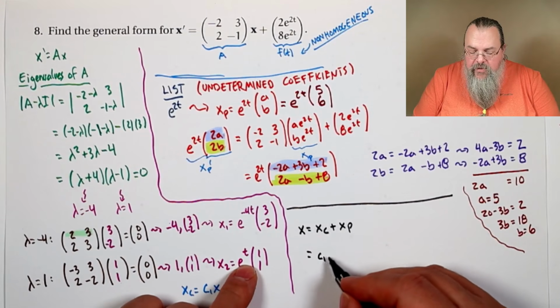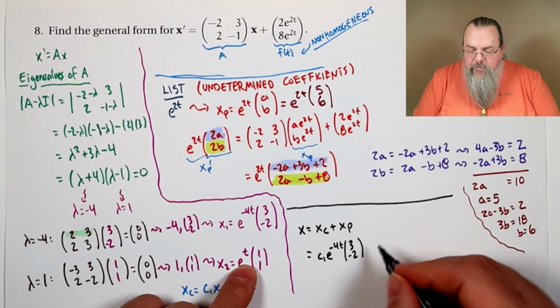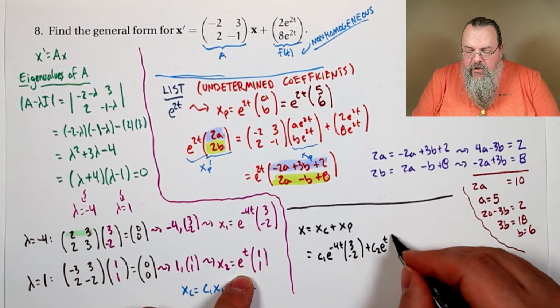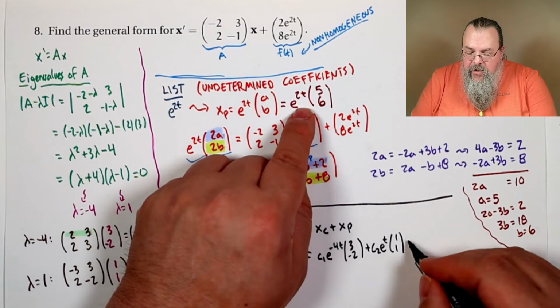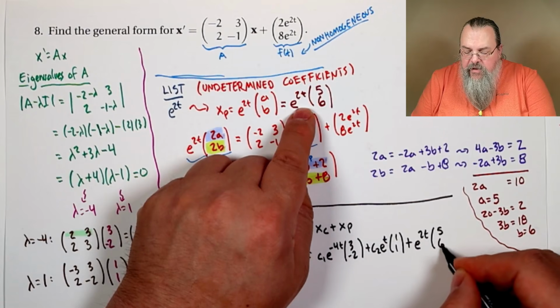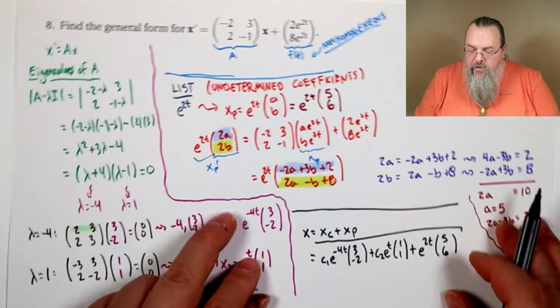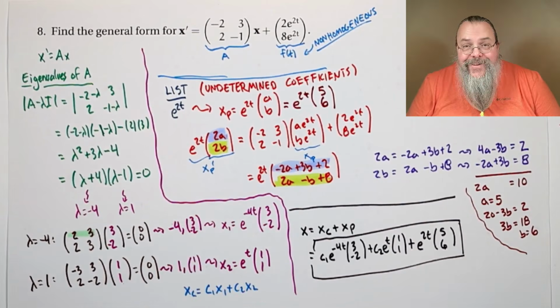So we get some constant, e to the minus 4t, 3 minus 2, plus some constant, e to the t, 1, 1, plus our particular, plus e to the 2t, 5, 6. And that is our answer.